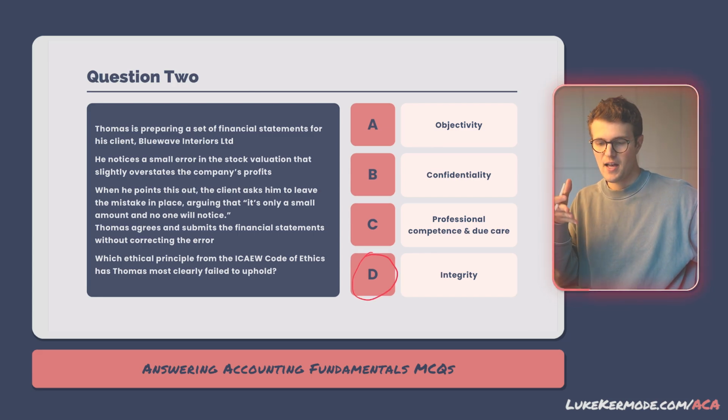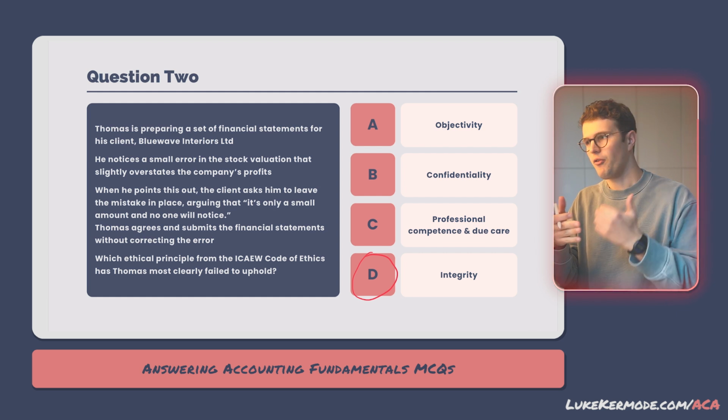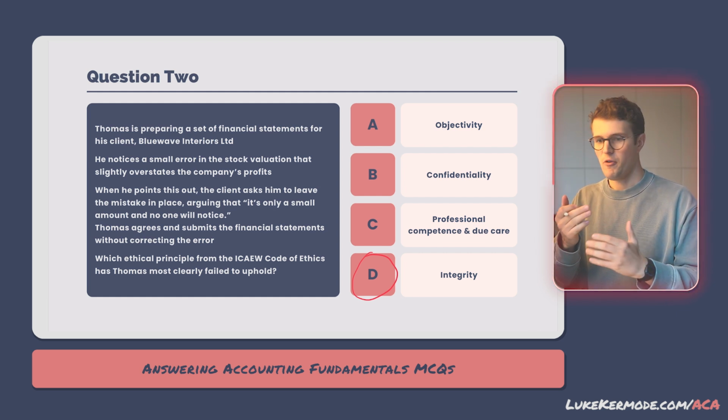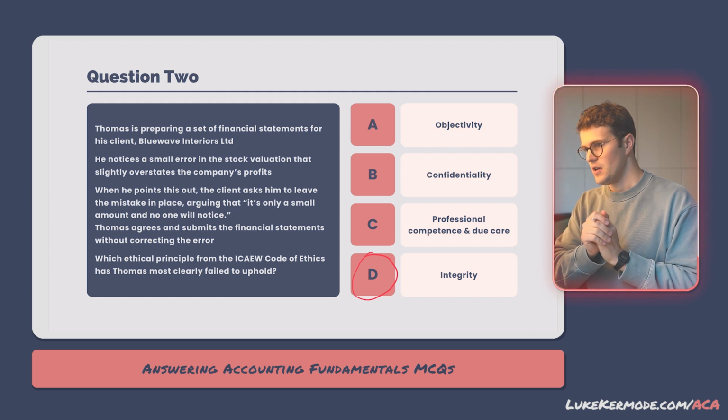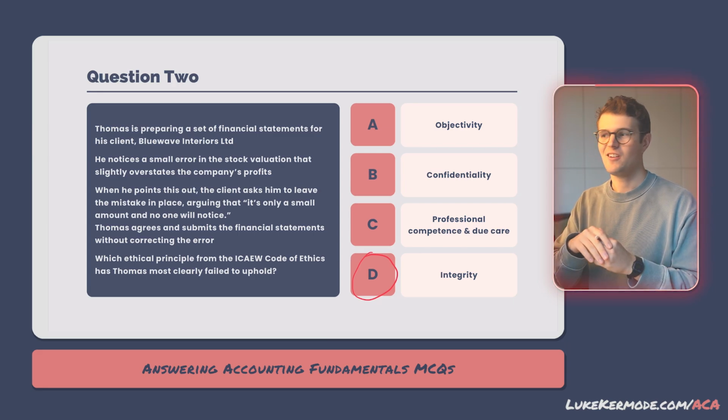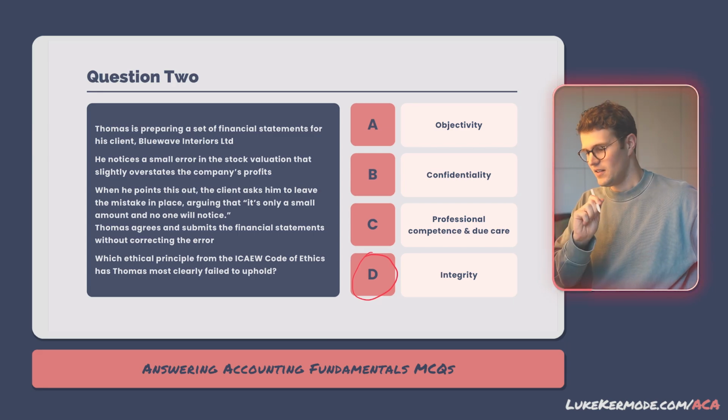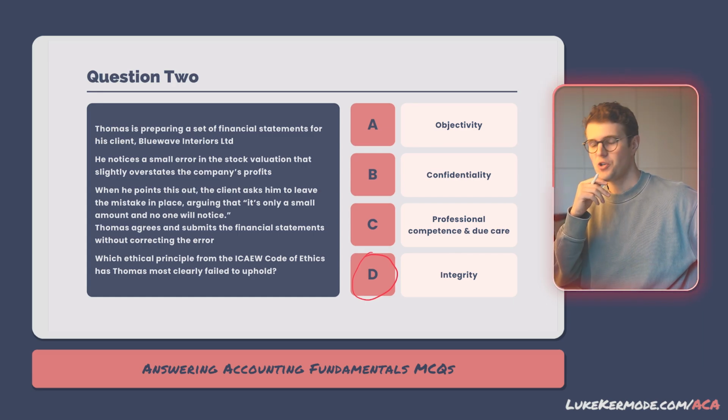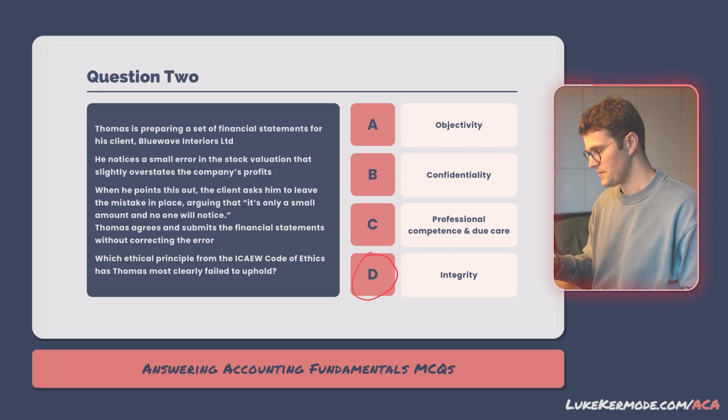Integrity requires accountants to be honest, straightforward, and truthful in all professional dealings and communications. So by knowingly allowing an error to remain in his client's financial statements, even though it's just a small one, Thomas has compromised both the accuracy and the reliability of those accounts.